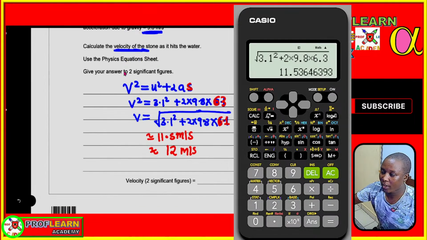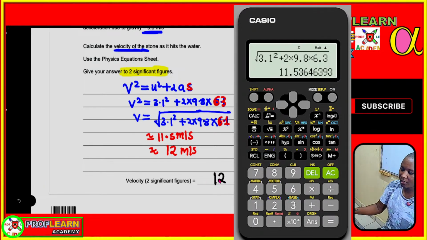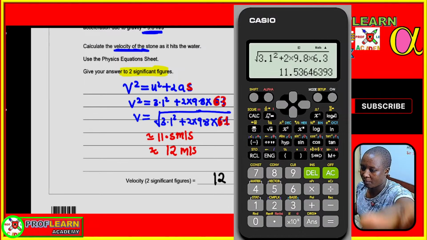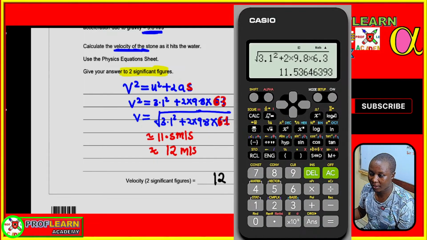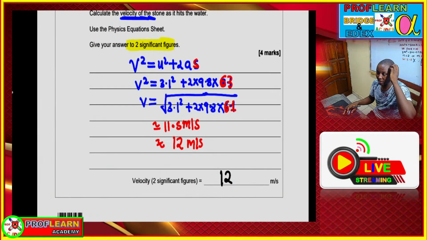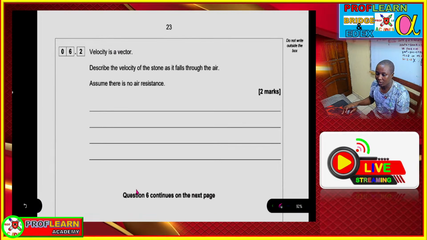Now we were told the accuracy with which we are going to leave our answer, so we are going to stick to that, and this is going to be 12 meters per second. Basically that's what we are expected to do in order to get that mark. Yeah, so we need to focus and continue with the next part.